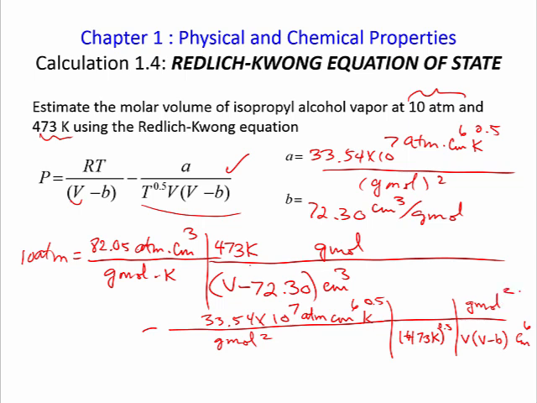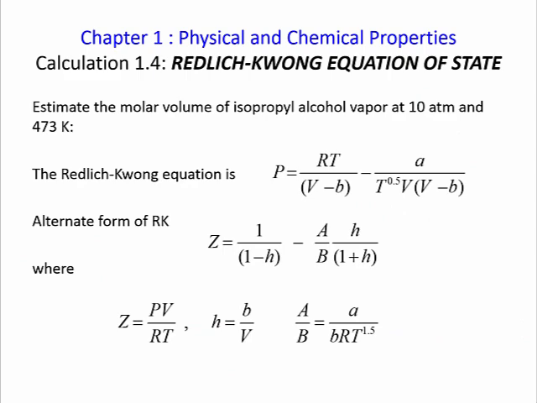If we solve for V, we will get V equals 4,311 centimeter cube per gram mole. This is the molar volume of isopropyl alcohol vapor.